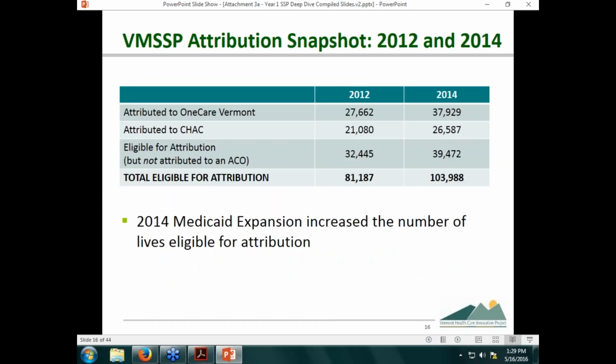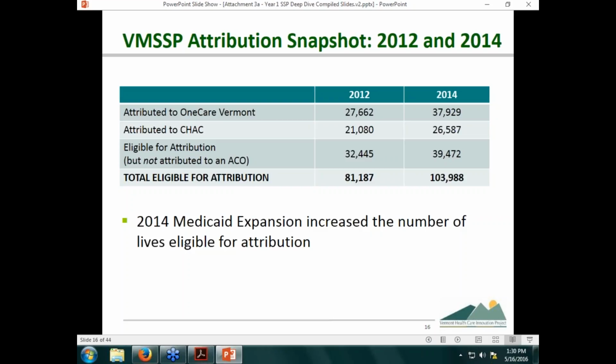As I mentioned previously, another interesting element to consider as we look at the 2014 results is the 2014 Medicaid expansion. This had an impact on the overall Medicaid population that's considered eligible for attribution. So this slide shows a breakdown looking at 2012 and 2014, the numbers of individuals who were considered eligible for attribution.